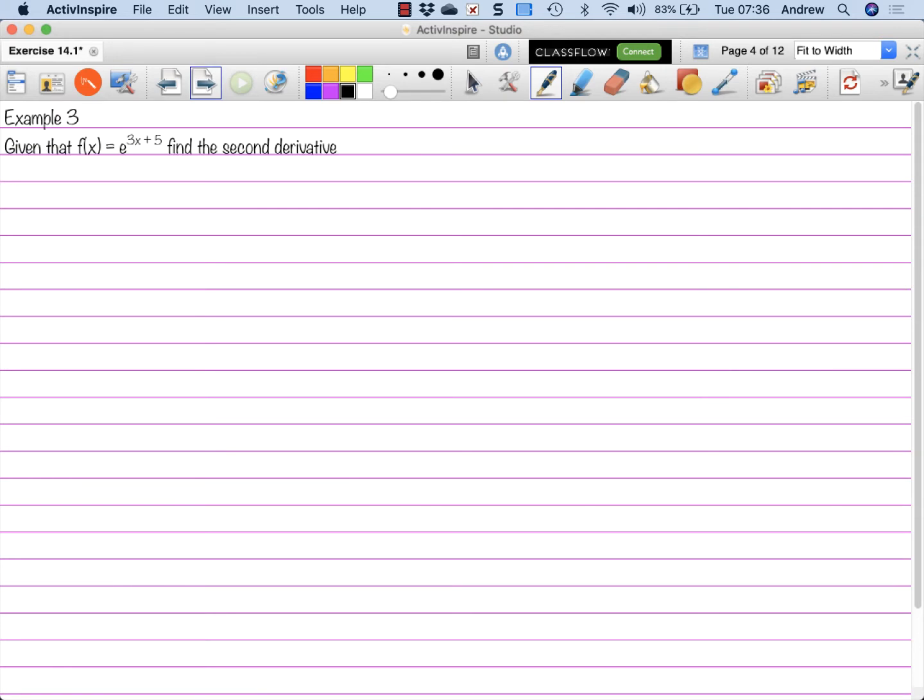Example number 3. So what we have here in example number 3 is f of x is equal to e to the 3x plus 5. A quick bit of revision. When we have y is equal to e to a function of x, when we differentiate an e function, the e function does not change.